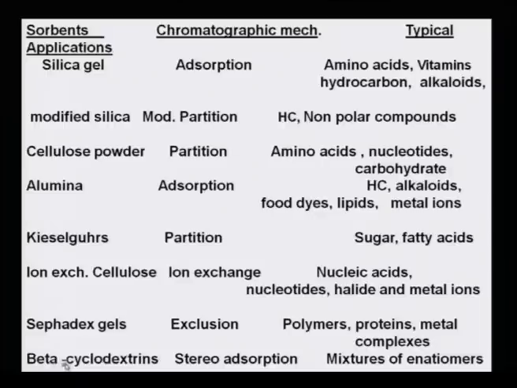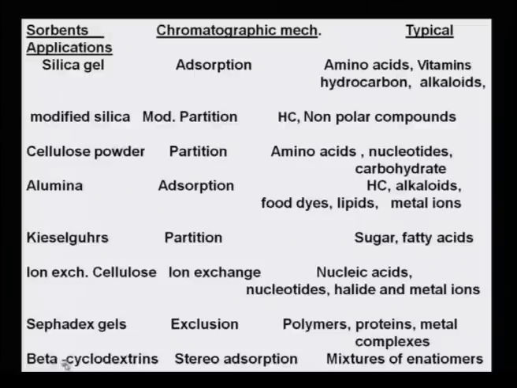If we make use of modified silica, the mode of chromatography is partitioning, and it is used for hydrocarbon and non-polar compounds. If we use cellulose powder, the mode of mechanism is partitioning again. It is mainly used for amino acids, nucleotides, carbohydrates, hydrocarbons, and alkaloids.